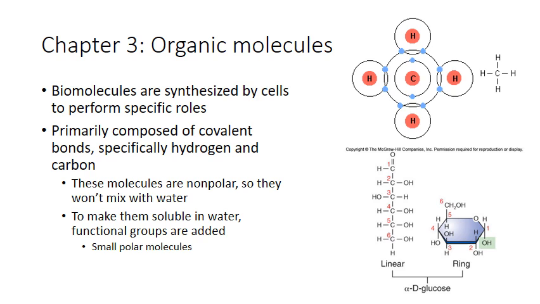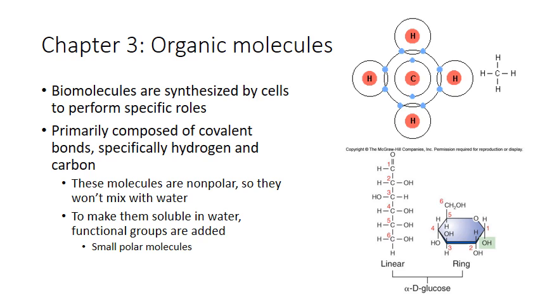So we have to make some modifications to them so we can use these molecules in water-based systems, which all cells are. All of our body is made up of like 75% water, some astronomically high number like that. So we want everything to be soluble in water to some degree. We're going to modify these hydrogen and carbon molecules that are really easy for us to make and get a hold of, and we're going to add polar groups.